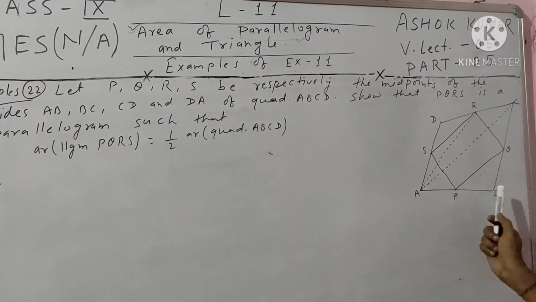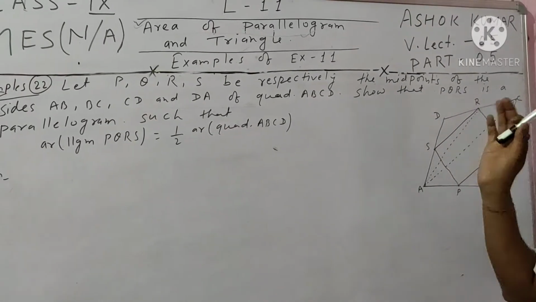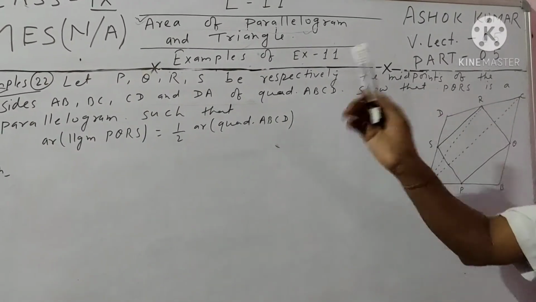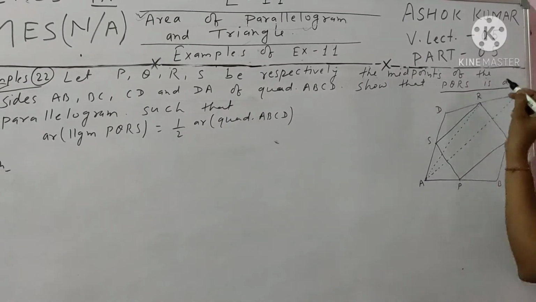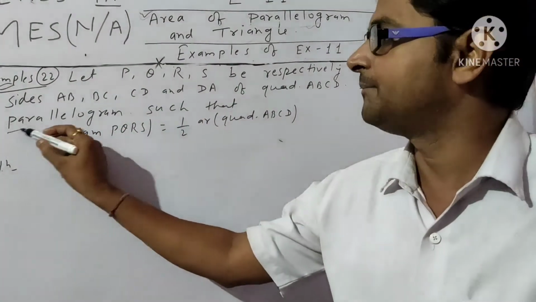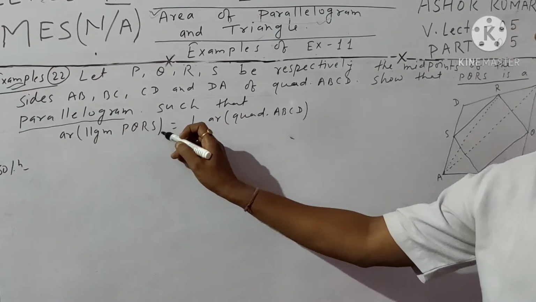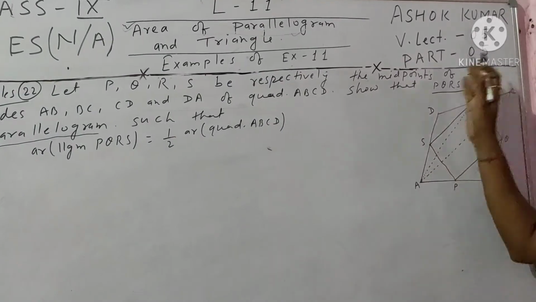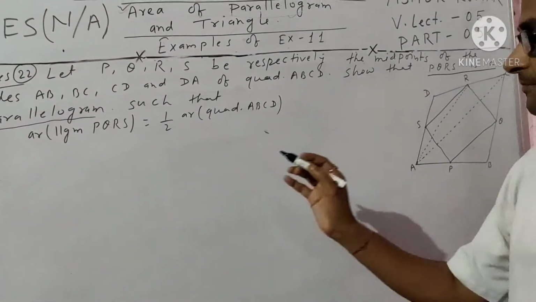Means here, student, ABCD is the quadrilateral, and PQRS are the midpoints of the respective sides. First of all, you have to prove, student, that PQRS is a parallelogram. And second thing, area of parallelogram PQRS is equal to 1 by 2 area of quadrilateral ABCD.